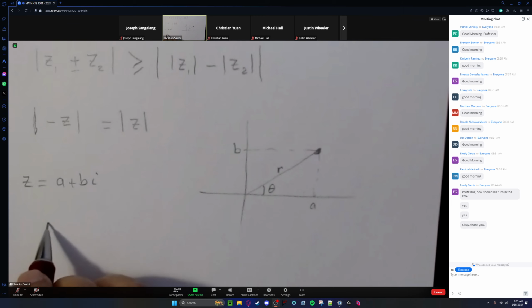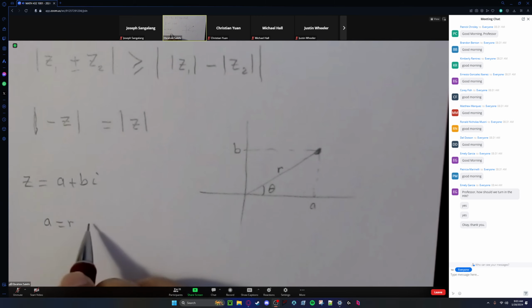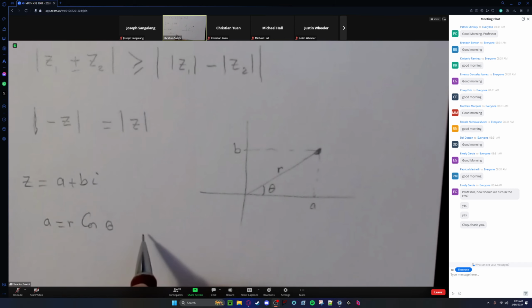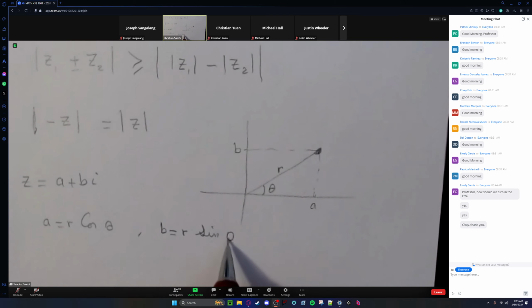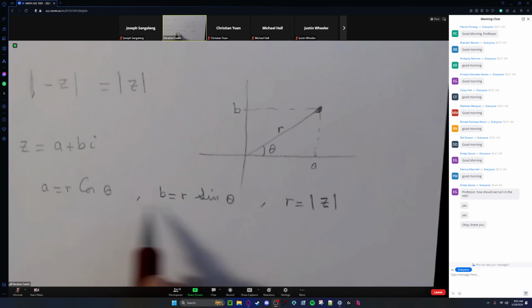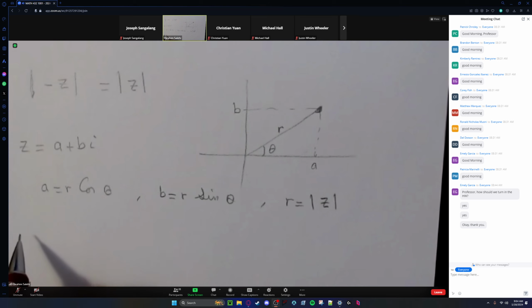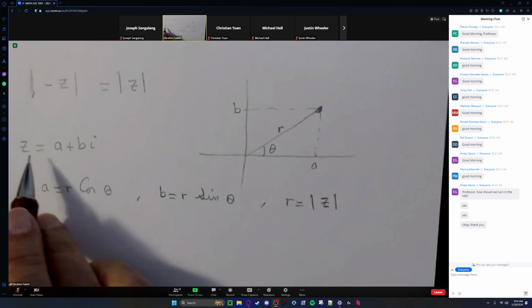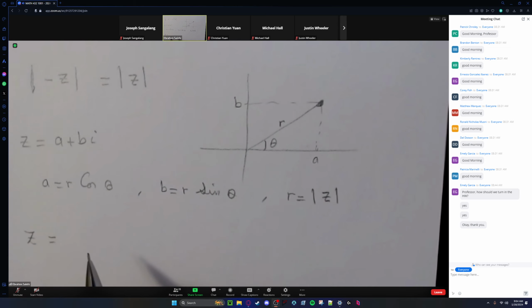So A is R cosine theta, and B is R sine theta. R is the same as the modulus of z. Putting this together, you get the polar representation of the complex number.